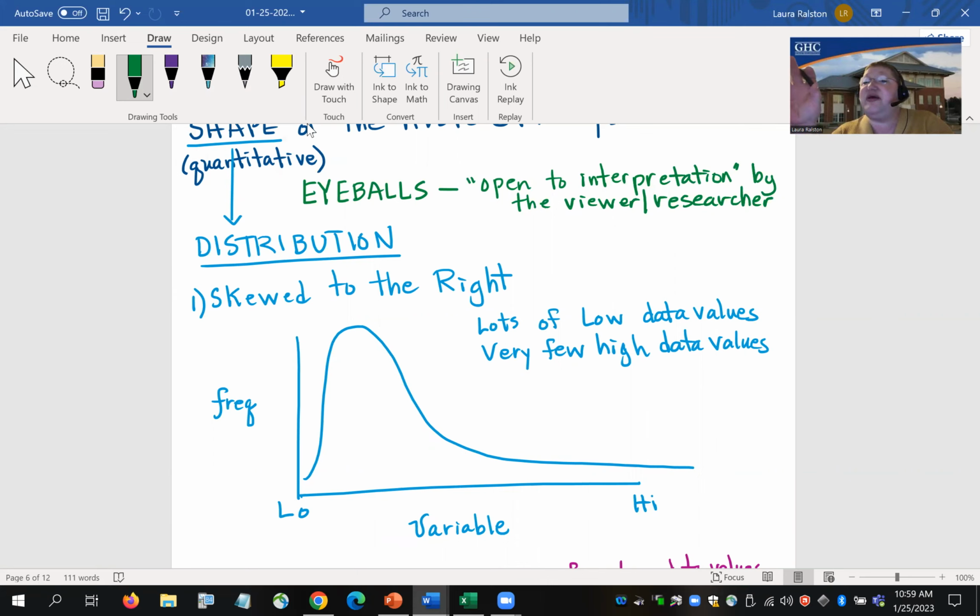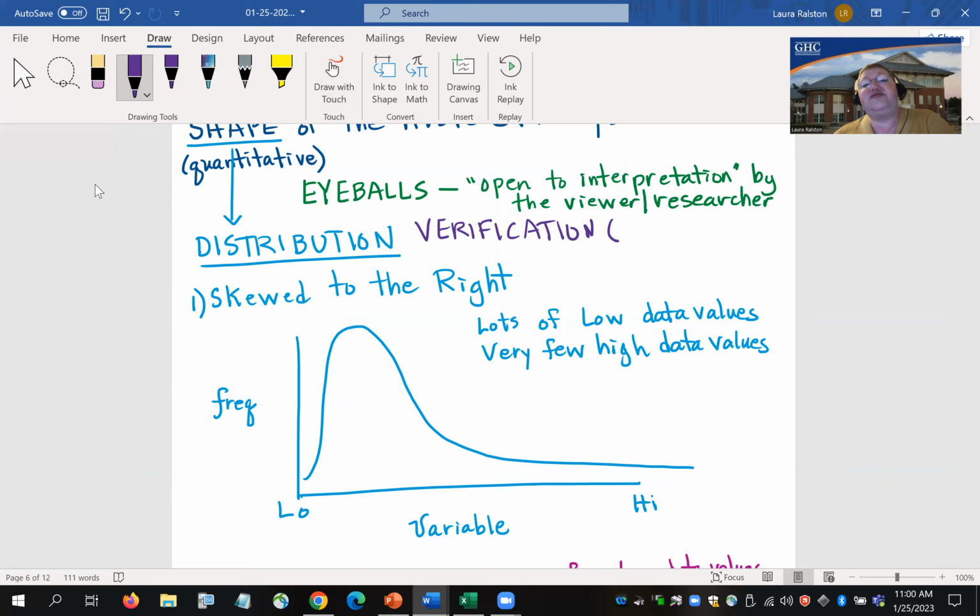Plus also, remember, I told you it's important to know what distribution you have, because that can affect your analyses, what analyses you can and cannot do. So we also have kind of a verification process, if you want to call it that.